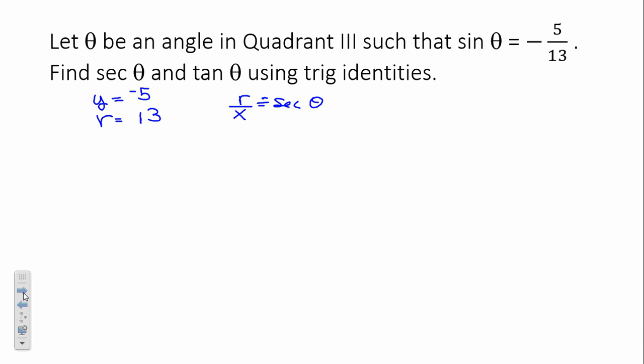Secant and tangent. Okay, let's work it that way. 13 is our r, so 13 equals the square root of x squared plus negative 5 squared. If I square both sides to get rid of the radical, 169 equals x squared plus 25.